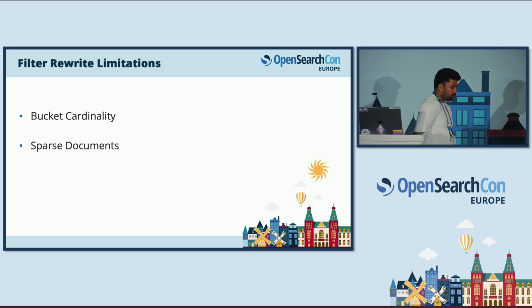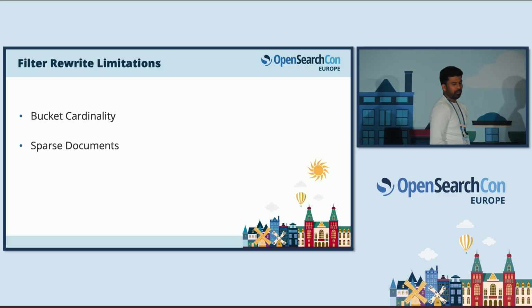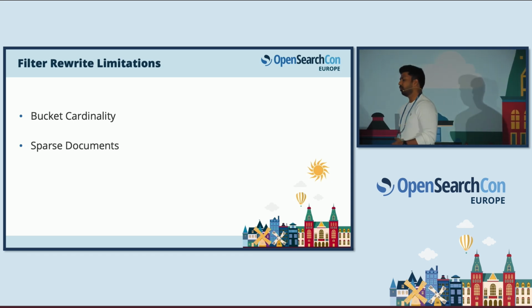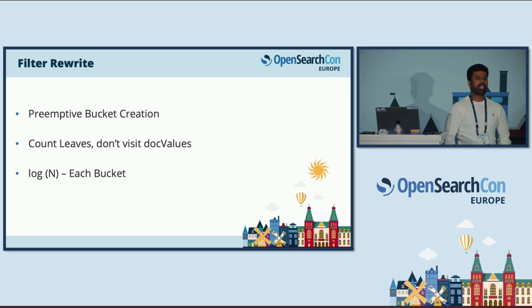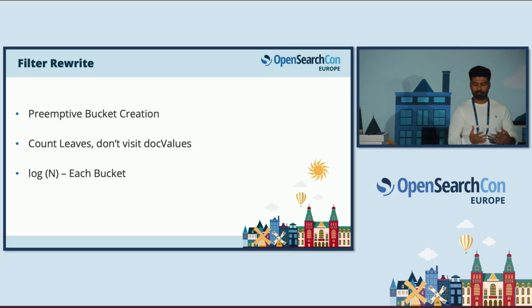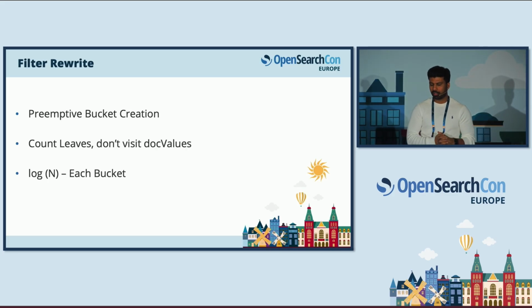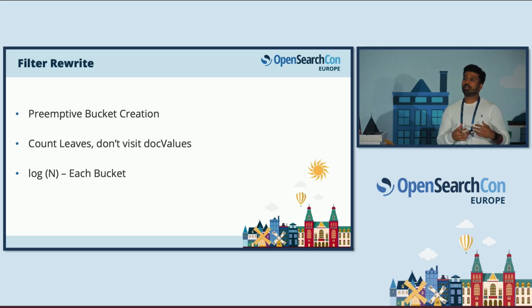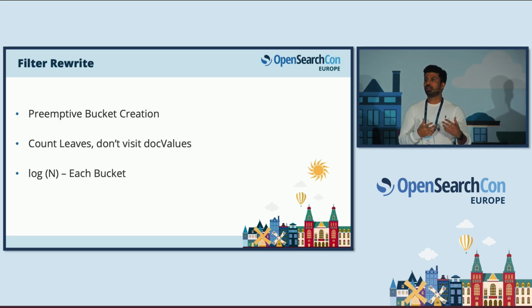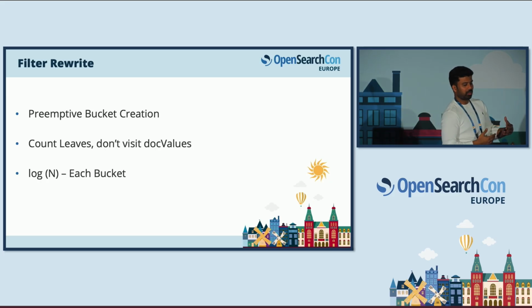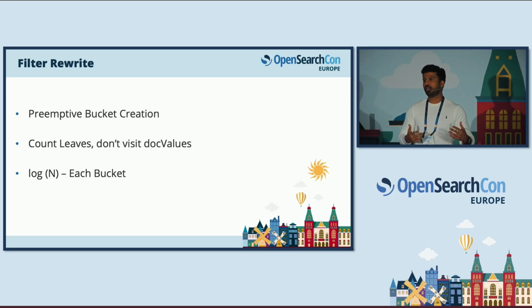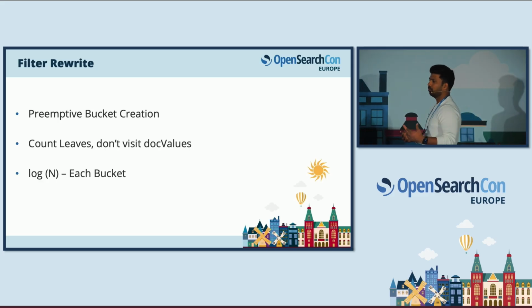But this approach still had some limitations. For example, if the number of buckets is large, then we are doing log n for each bucket. If you recall the example we had earlier, we wanted monthly log data for the whole year, so essentially we have 12 buckets. Similarly, in production, customers can do minutely or hourly aggregation for years' worth of data, which can have 10,000 or 20,000 buckets.